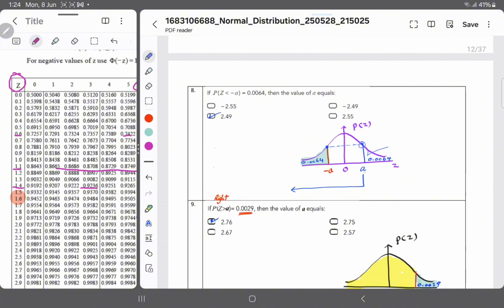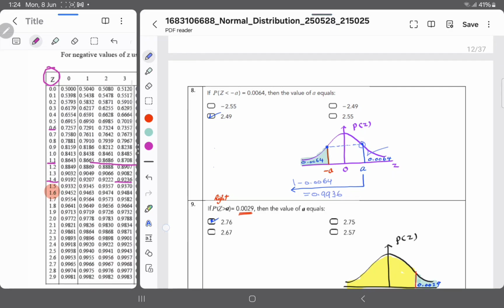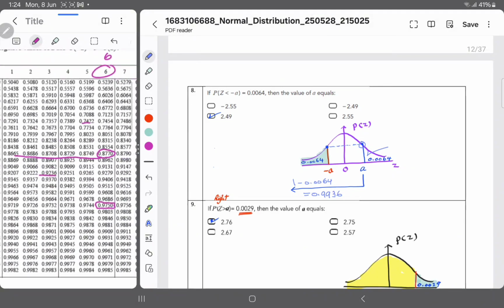So the area below A here will be 1 minus the given area. So 1 minus 0.064 will be 0.9936. Now we look for that 0.9936 as an area opposite to what?